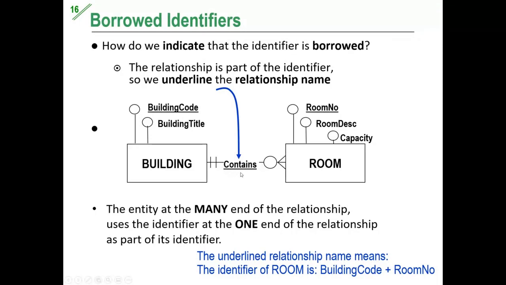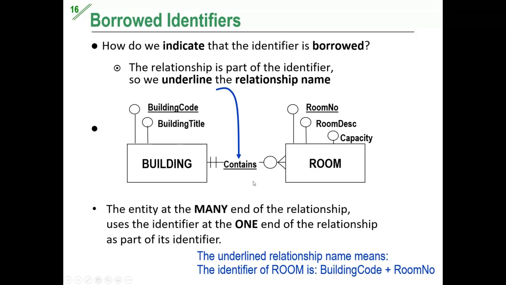We can show that by underlining the relationship line. If you see the underline there, you can go through your assignment and see whether there are any underlines in the given ERD models. If you have underlines, that means we are borrowing something. As a rule of thumb, the many end tends to borrow the primary key, or part of the primary key, or sometimes the whole lot.